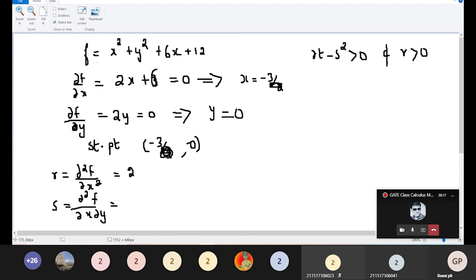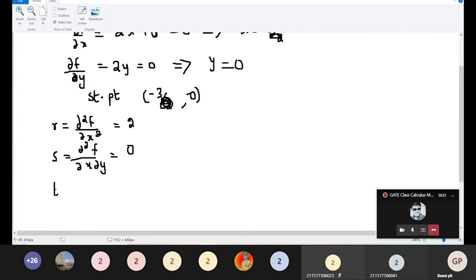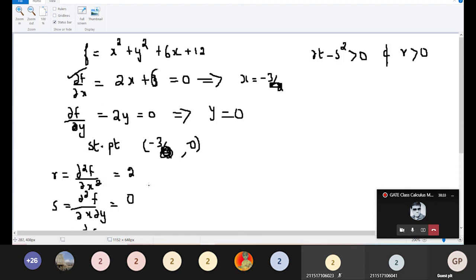Differentiating this one more time with respect to y, I think it is 0. And T means dou square f by dou y square. Differentiating one more time with respect to y, it will be 2.